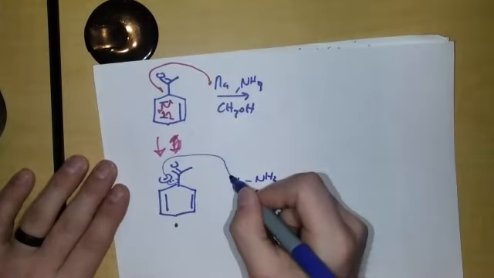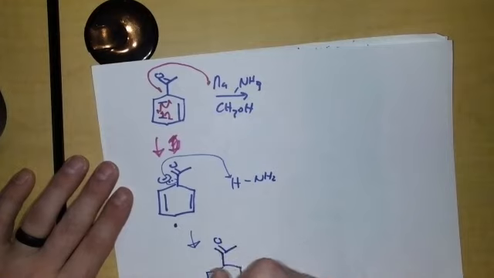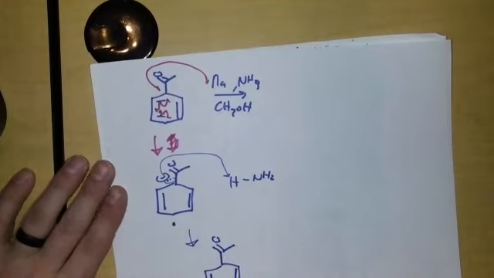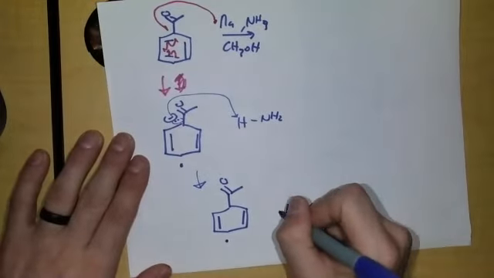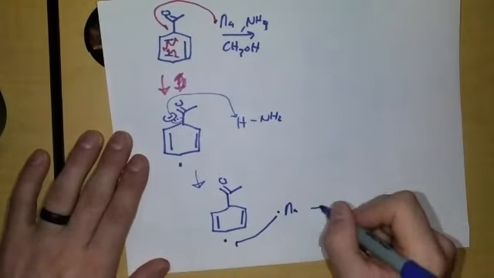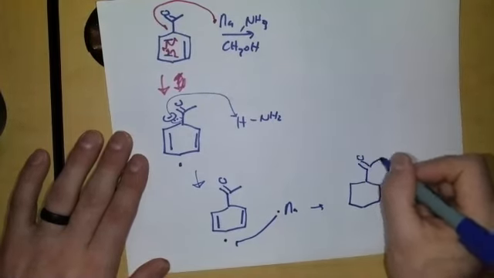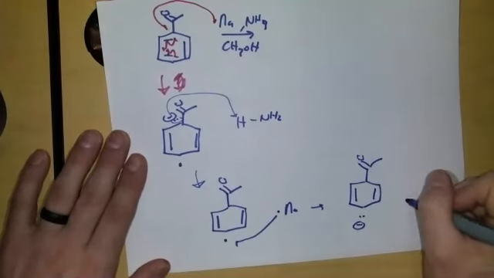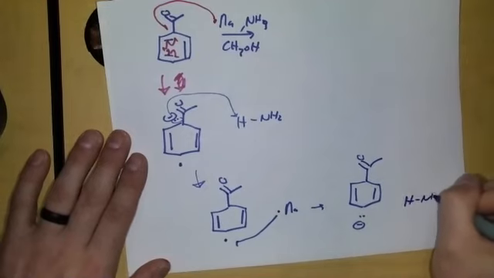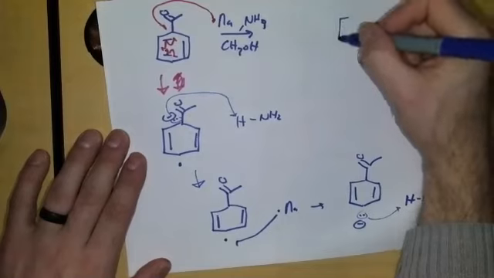We can grab this proton, do the same steps we just did, pick up another electron from sodium, grab an H, and make our final product.